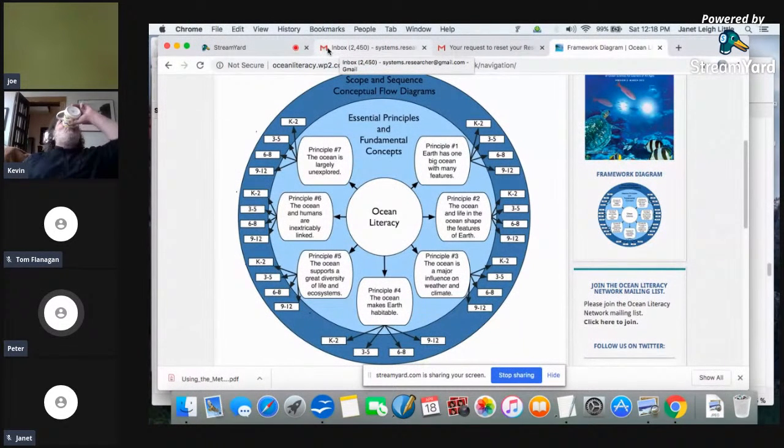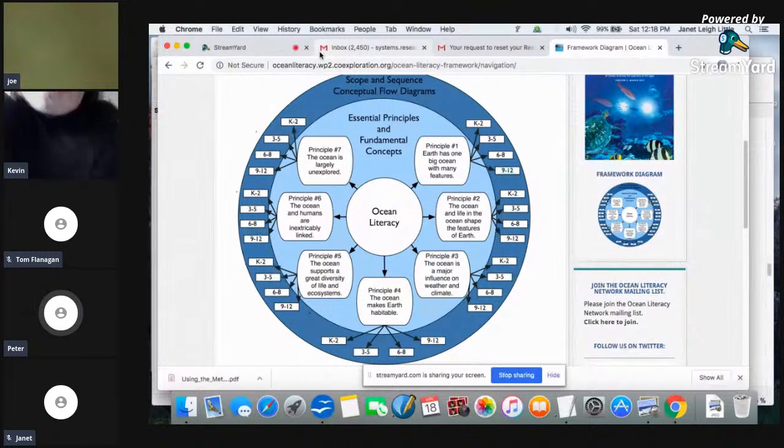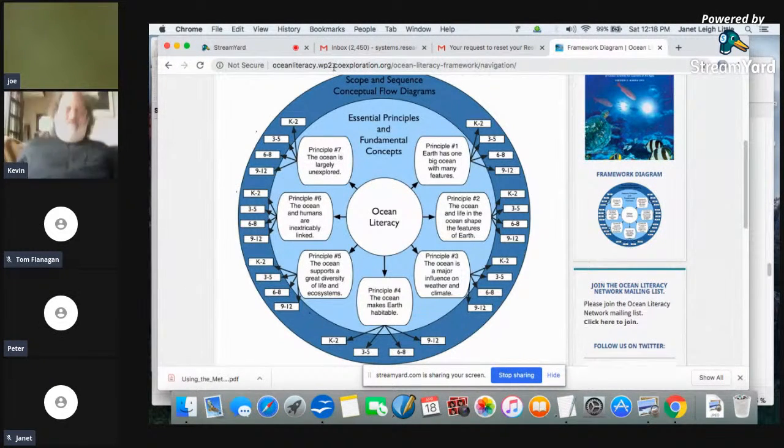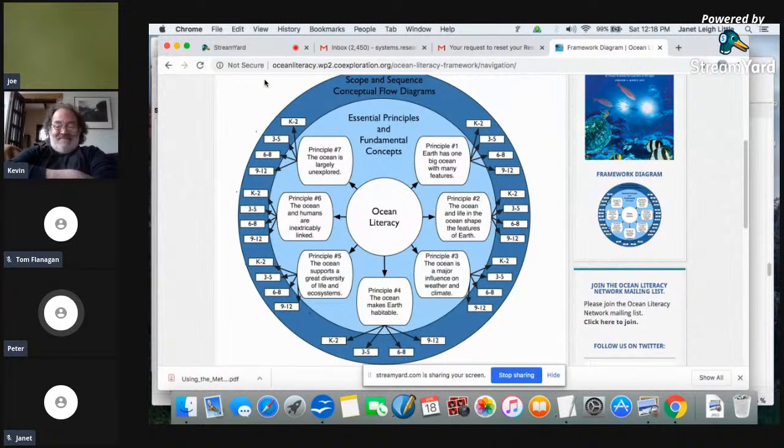The process was somewhat, we made it up in a way. It was a combination of surveys. It was a compilation of previous work on what ocean literacy might be by about four or five different groups around the country.